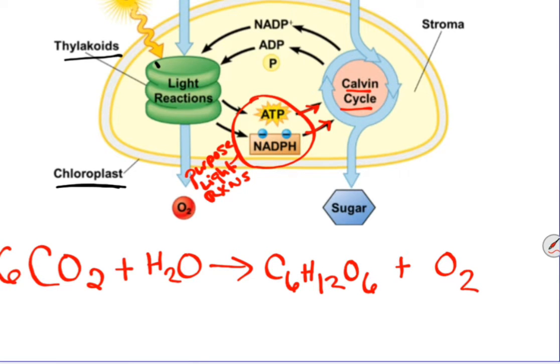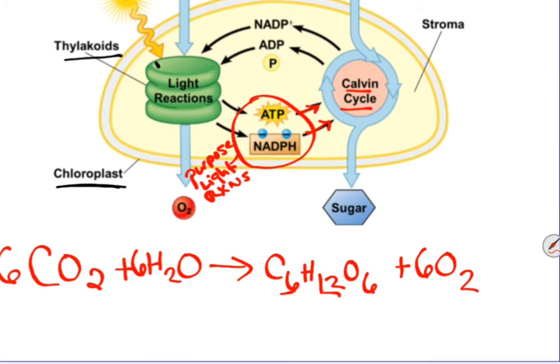I need 6 carbon here to match the 6 that I have right there. I need 12 hydrogen on each side, so this is also 6. And then by balancing that, I have thrown my oxygen out of whack. I now have not enough oxygen on the product side, so I also need to balance the oxygen with the 6. So this is a balanced equation.